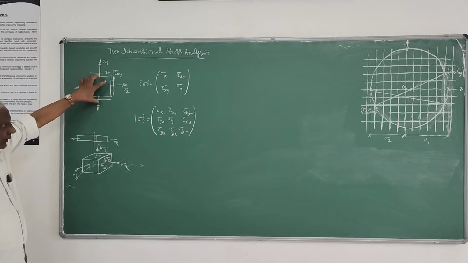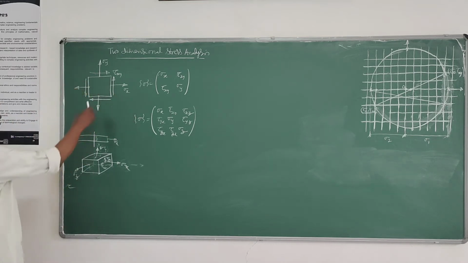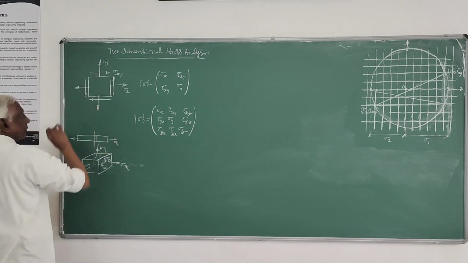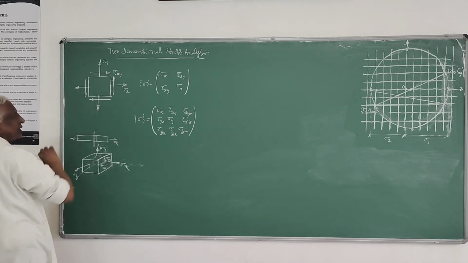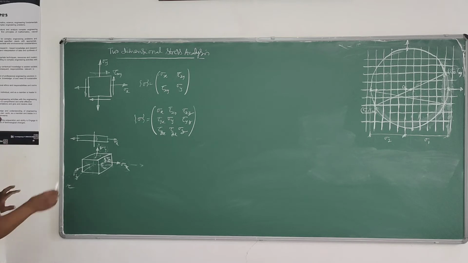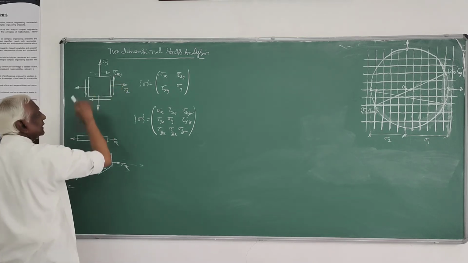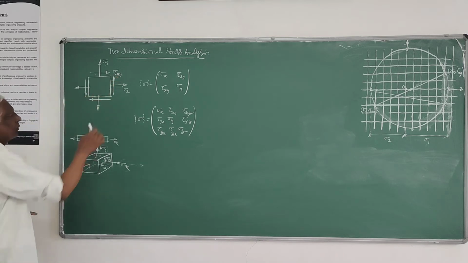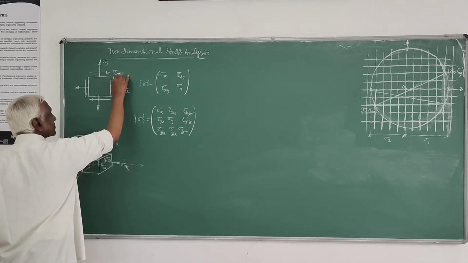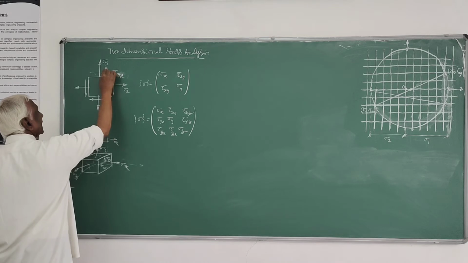For two-dimensional, on similar lines, you have only two normal stresses, sigma x, sigma y, and one shear stress, tau xy. Here, as I explained, the notation, strictly speaking, this I have to say tau yx, and this I have to say tau xy.